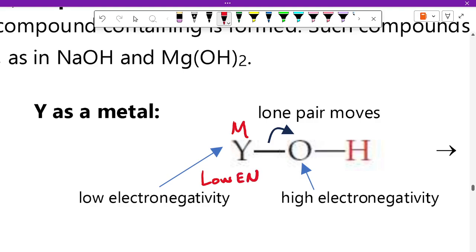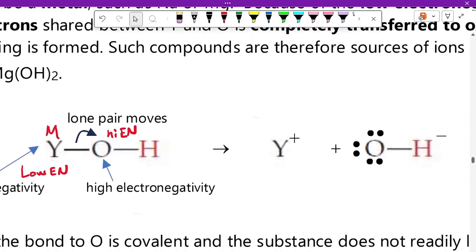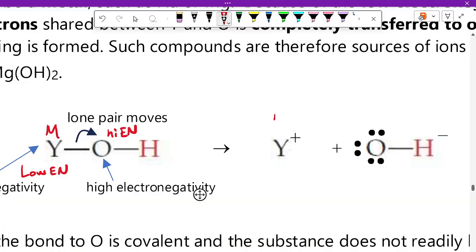That means the bonding electrons are going to move from the low electronegativity to the high electronegativity. So you end up with a metal plus, and those electrons are like, I don't want to stay with the metal, I would rather hang out with the nonmetal, and that's how you get a base. Yes?